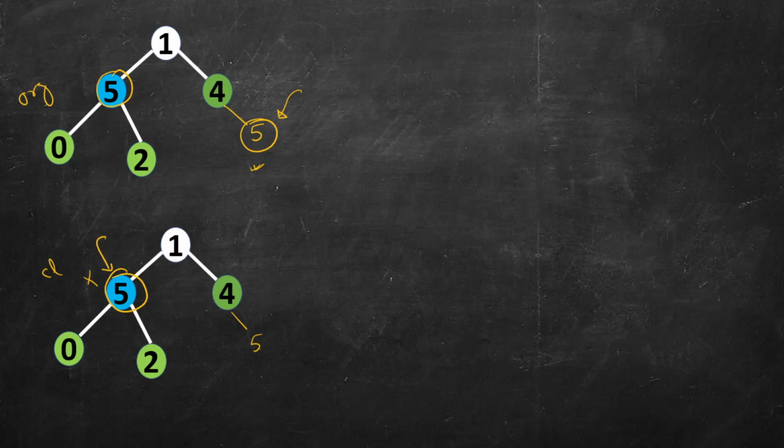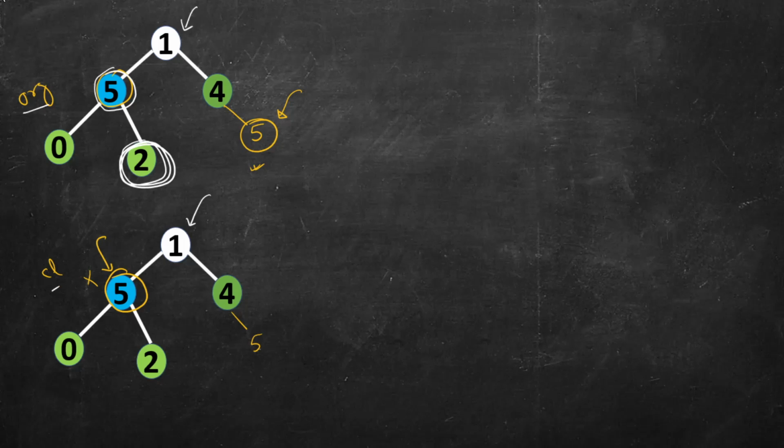So what we have to do in this solution is traverse both the trees in parallel. Let's say we have to search for 2. So we come to the root of the clone and the original.